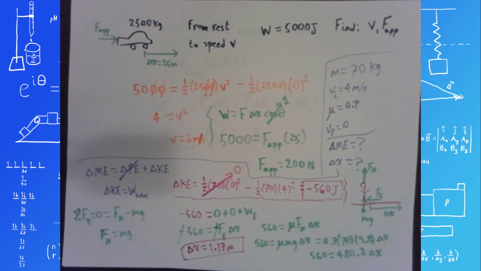Alright, so that takes care of that one. Is there anything else in here that I would like to go over before I take a look at conservation of mechanical energy with multiple objects?